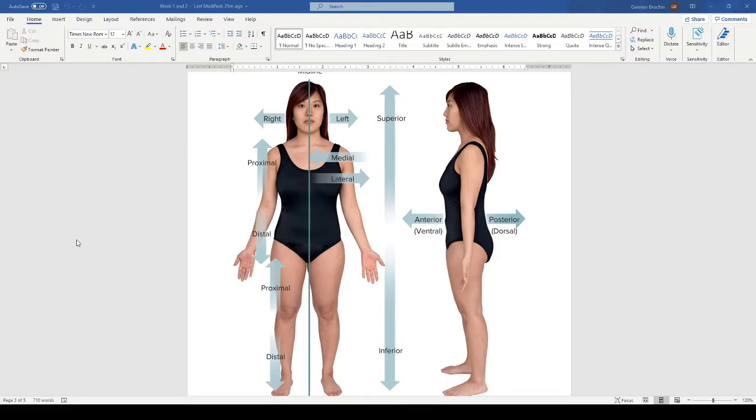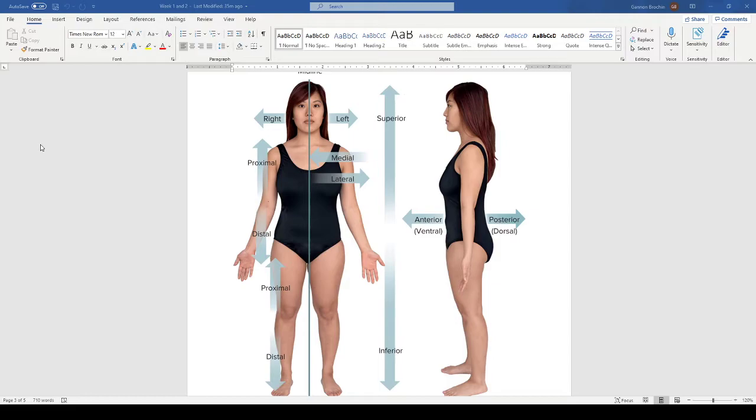Being in anatomical position establishes a baseline position to describe locations, and we'll be talking about some of the terms in a second, and you can see them right now on the screen.